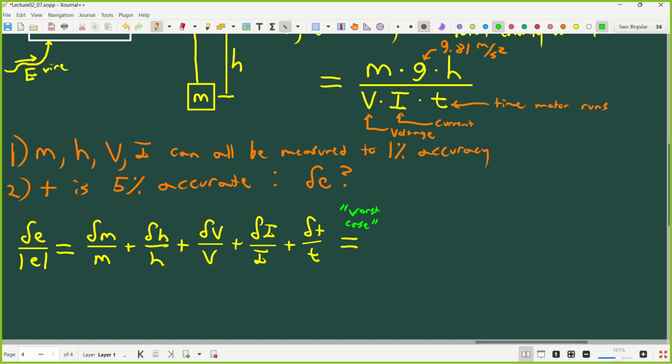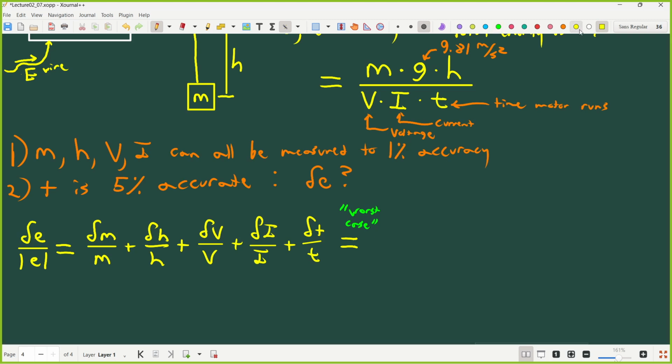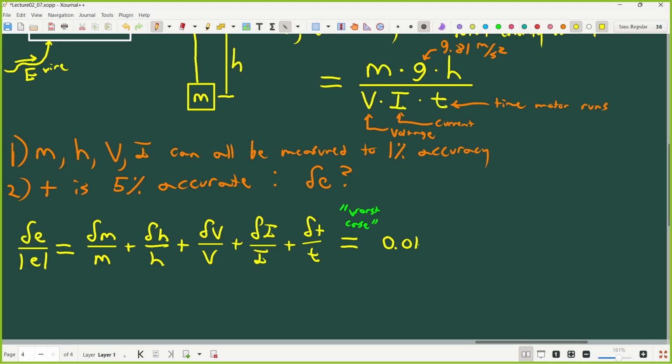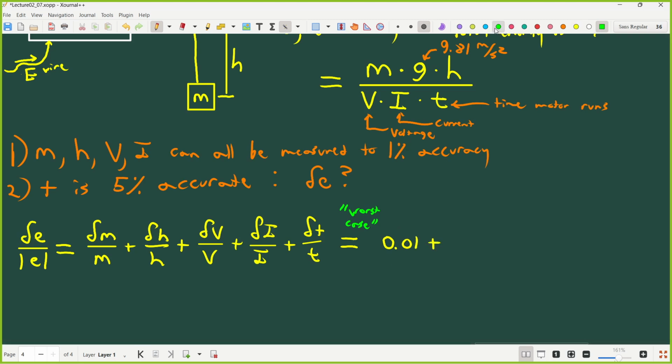Right? And so how do we evaluate this? Well, we know the percent accuracy, so we know all the fractional errors. 1% accuracy means a 0.01 fractional error. Okay, so that means we have 0.01 for M. I'll just write it so we keep track of them.